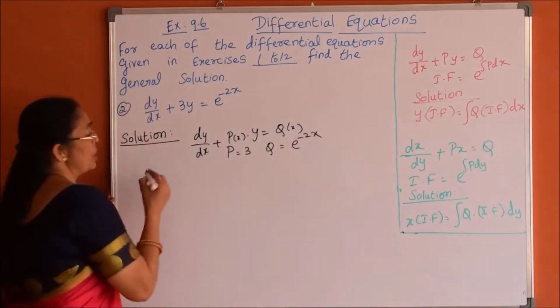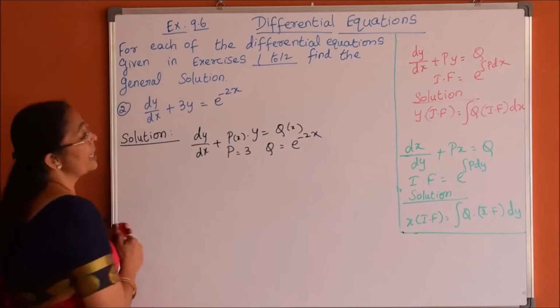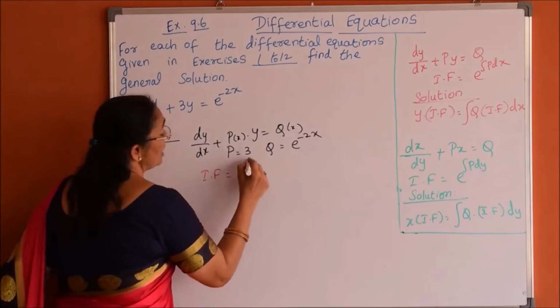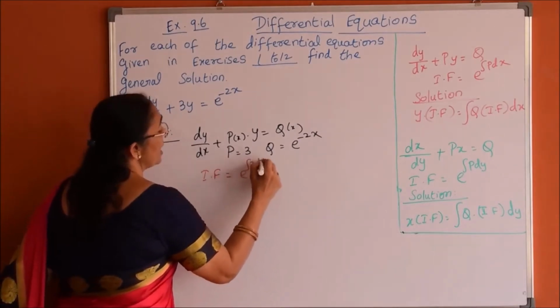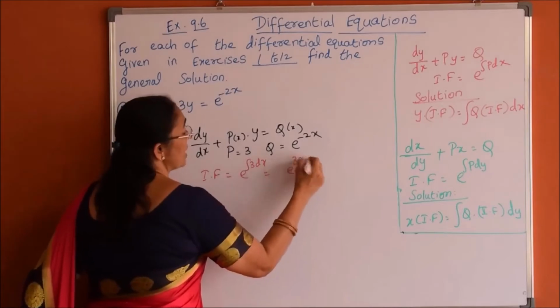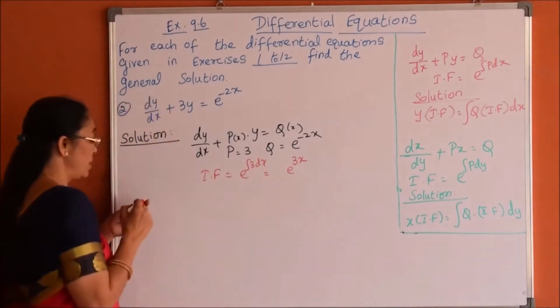So our first step is to find out the integrating factor. So integrating factor for this form is e to the power of integration of p dx, 3 dx, which is e power 3 into integration of dx is x, 3x. So our integrating factor is e power 3x.